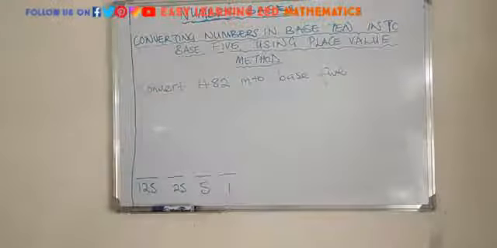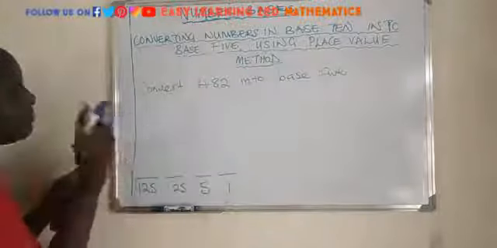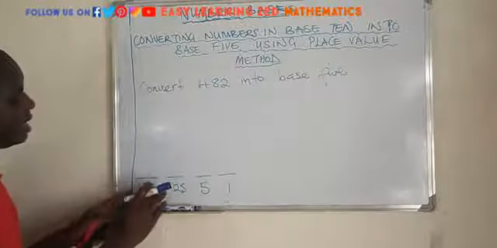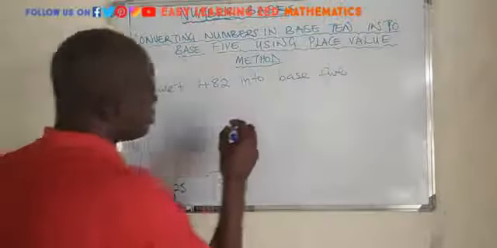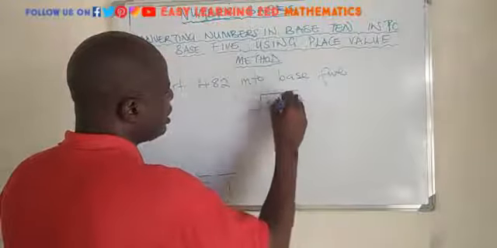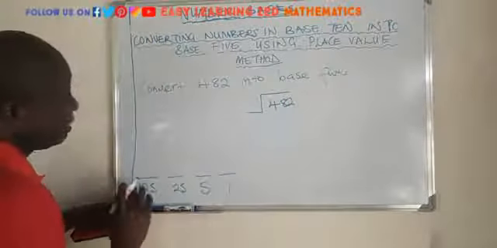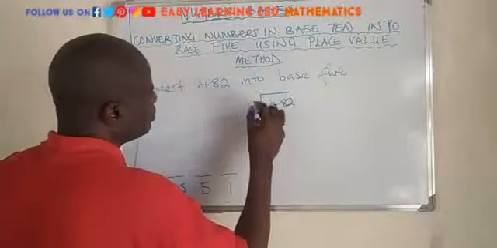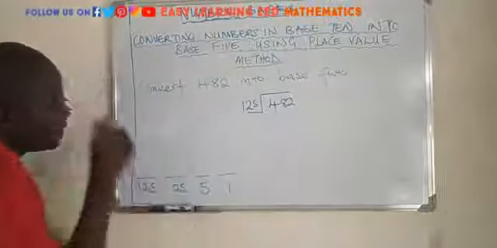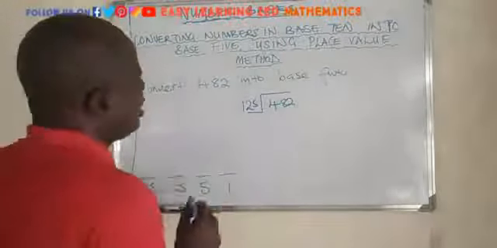So let's start dividing. When we start dividing this number, we'll start by dividing it by the biggest place value. So I have 482, and I'm going to divide it by 125 because it's the biggest number. How many times can 125 go into 482?